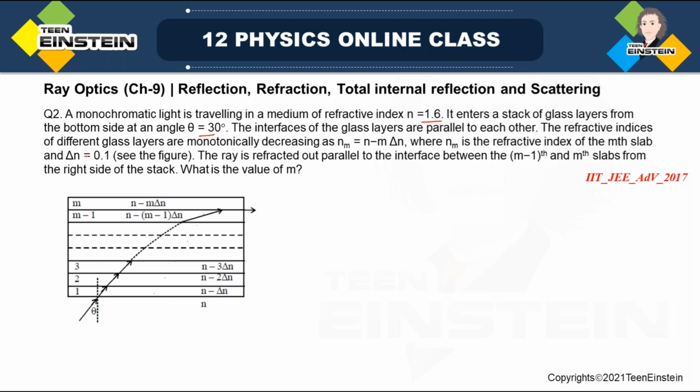The refractive indices of different glass layers are monotonically decreasing as Nm is equal to N minus m into delta n. I'll tell you here, see, I have different layers as you see. So 1 up to m layers, and the refractive index of each layer is actually getting reduced according to this formula.